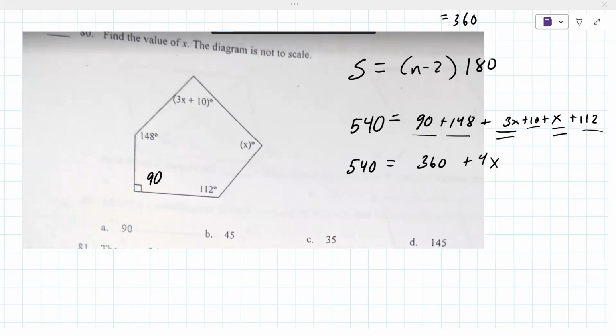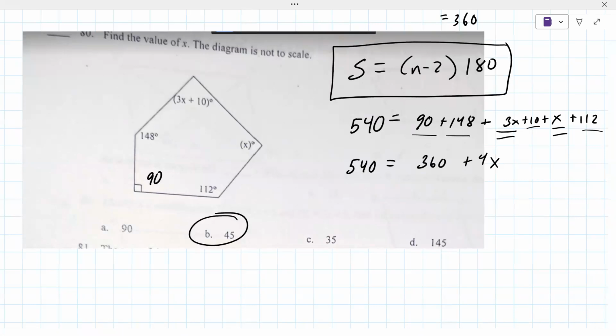I got 45. I agree. This formula is super important. You see, we've used it on 3 problems. Probably get a question on that. All right, 81 is next.